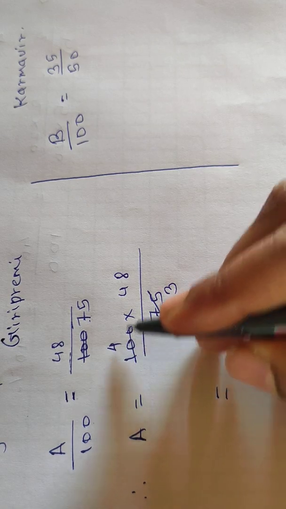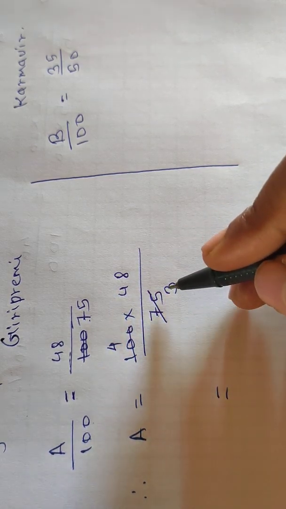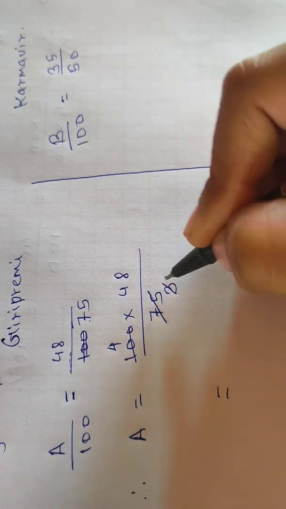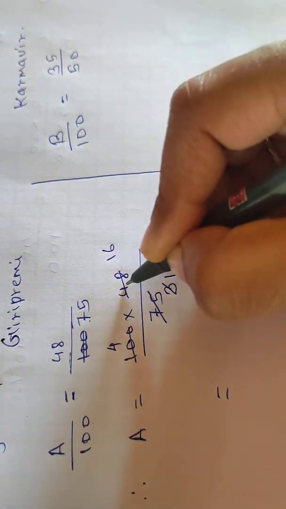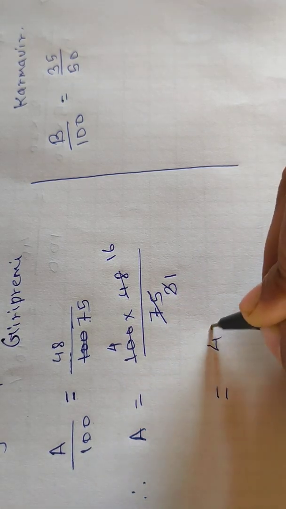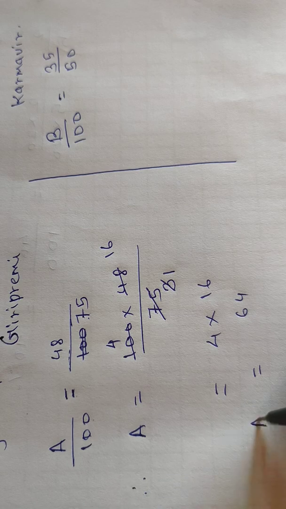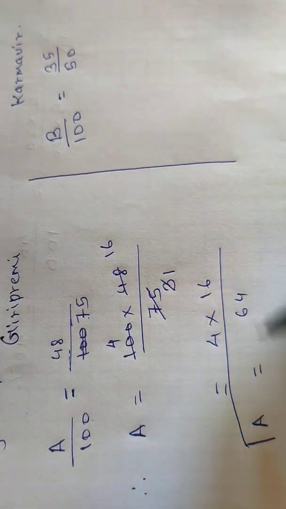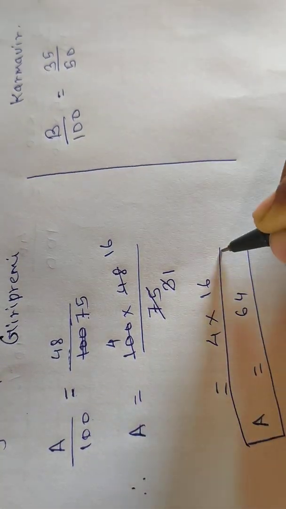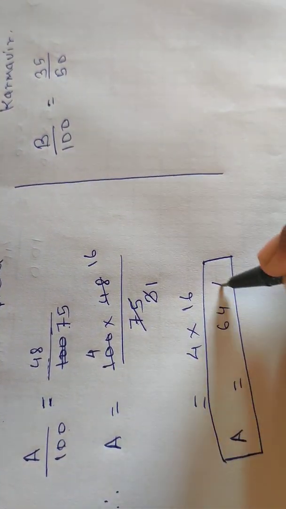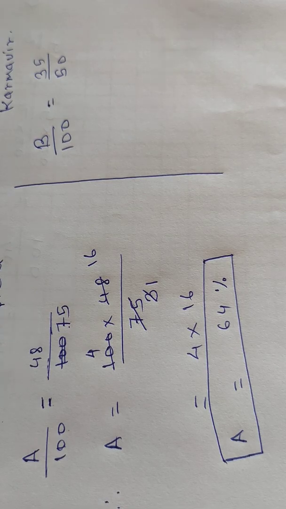So we obtain 4 into 48 upon 3. Again 48 is divisible by 3. 3 into 16 will give you 48. So the answer is 4 multiplied by 16, which is equal to 64. The value of A is equal to 64. What is that value? Percent of Giri Premi group. So 64 percent.